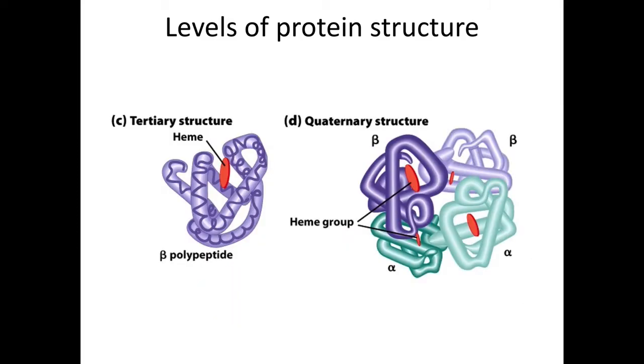And then once you have a secondary structure, that secondary structure in complex with other molecules, here we have a heme molecule, but you can also have zinc, you can have all sorts of other critical ions, can form a tertiary structure which combines the amino acid sequence with these other molecules.